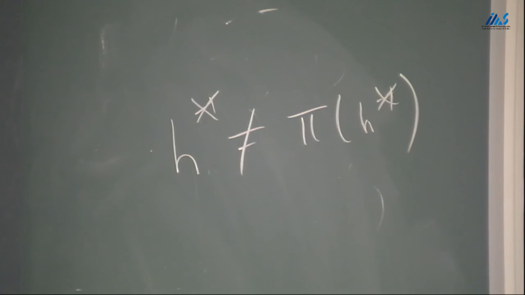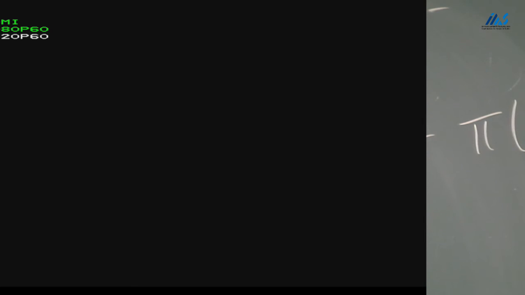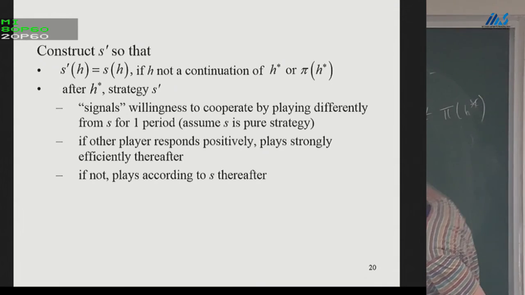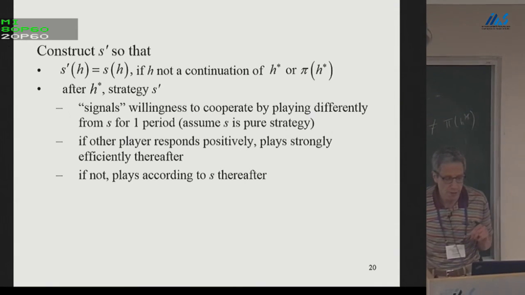Payoff of player one now. But anyway, there is just one history that we are fixing. Even if the minimum is attained in many ones, we are fixing one. That's all we need to do. And H star is different. I'm just going to assume that H star is different from pi of H star.